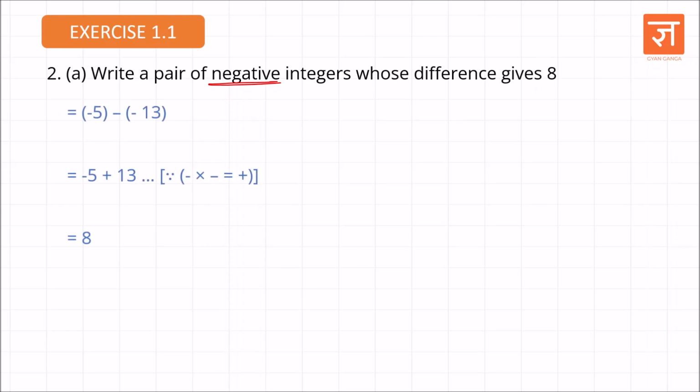We cannot say minus 13 minus minus 5. This will not give the result as 8. Solve it. You will get minus 13 plus 5, then you will get minus 8. So this is not correct. But when you do first the small integer, then minus 13, the bigger integer. This is the small integer, this is the bigger integer.